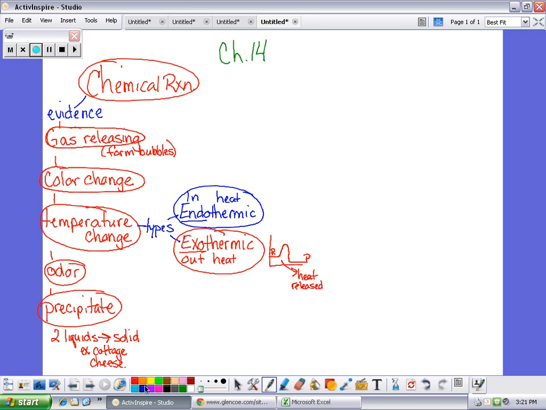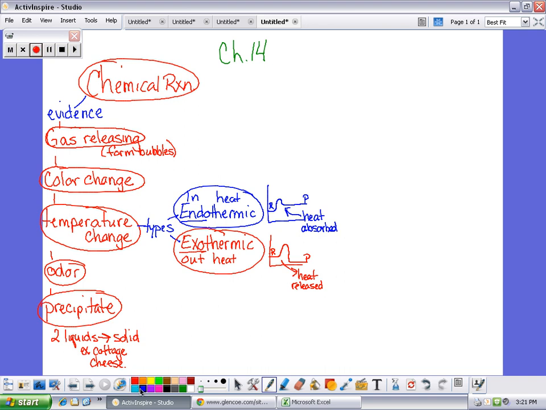Whereas when you look at the endothermic, you have your reactants and your activation energy, but then your products have a higher amount of energy because that energy had gone into the products. So heat was absorbed. Okay.